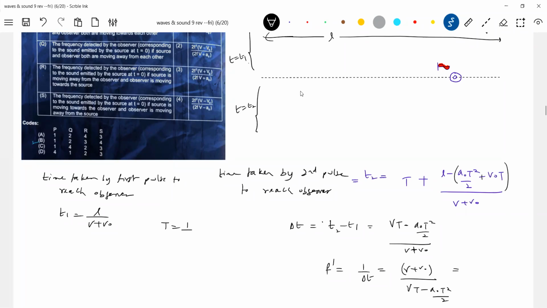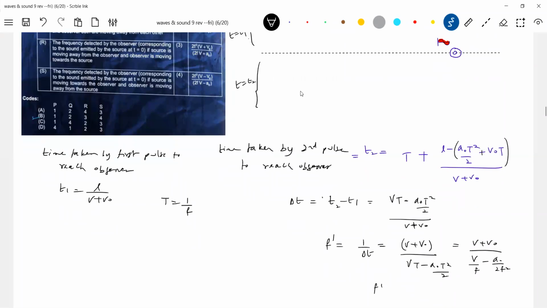So shall we write T equal to 1 by F? V plus V naught, V by F, a naught by 2F squared.